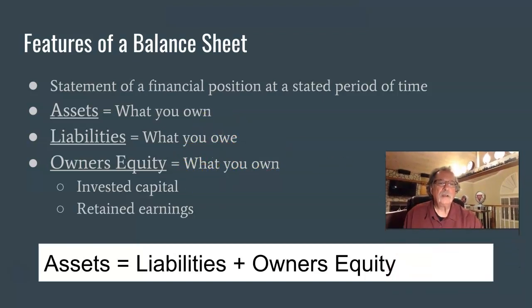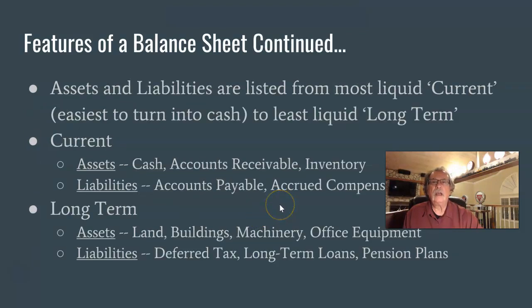So this is our fundamental accounting equation: assets equals liabilities plus owner's equity. And assets are listed from most liquid to least liquid. What liquid means is you can turn it into cash very quickly. So current assets are things like cash.